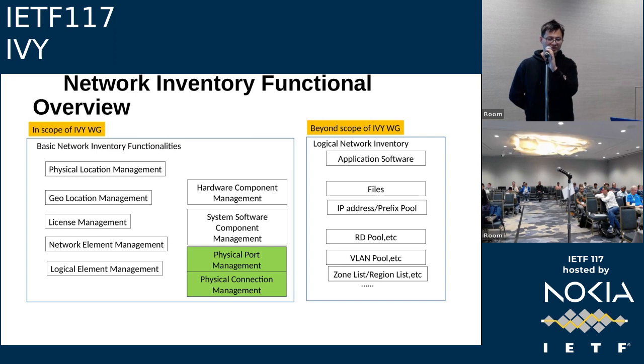Based on the previous figure, built on top of system software, you may have some application software. We think this is not in the scope of the core model, and also files. IP address and ID can be seen as resources; ID is part of this logical network inventory. Next.